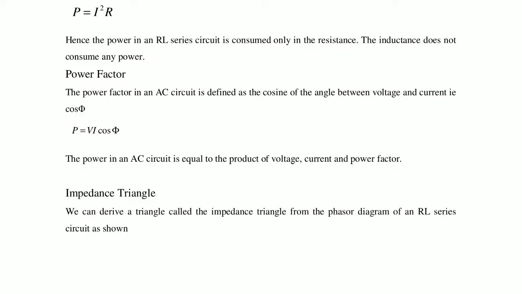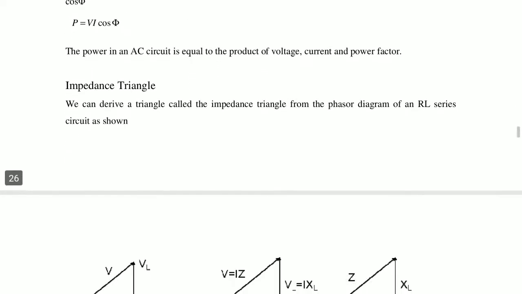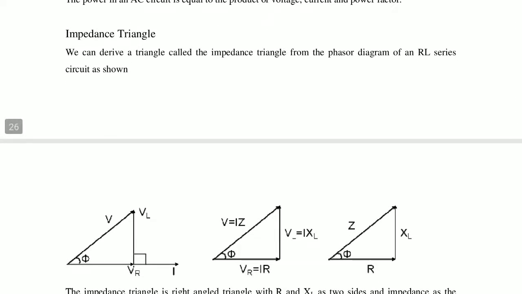Now let us go for the impedance angle. We can derive a triangle called the impedance triangle from the phasor diagram of an RL series circuit. Here VR is the x-axis, VR and I are in phase, and the voltage across the inductor is 90 degrees leading.